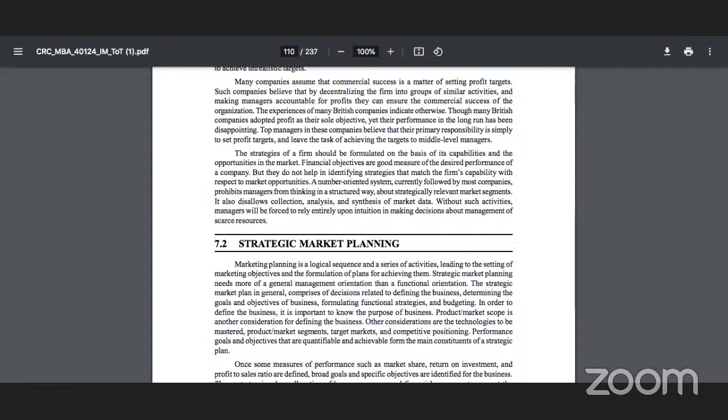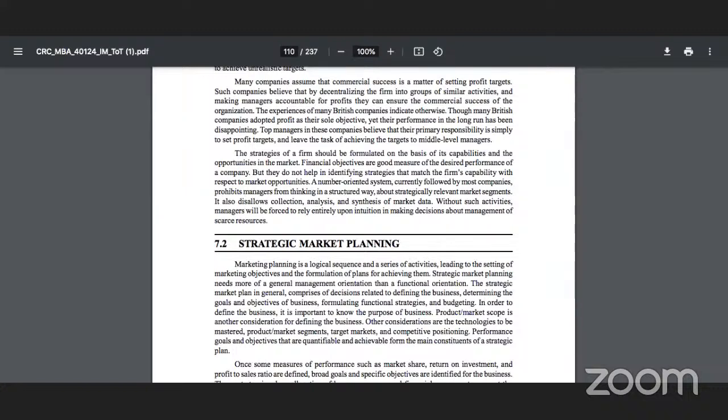The strategies of a firm are formulated on the basis of, as we understand, its capabilities and the opportunities in the market. So both factors are important while we are designing the strategy of a firm. One is the company's own capabilities, and second is the opportunities that are available in the international market.